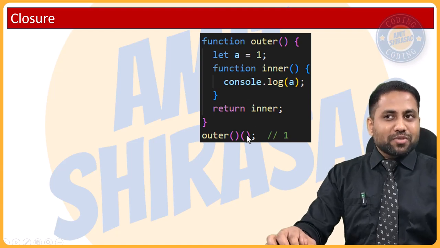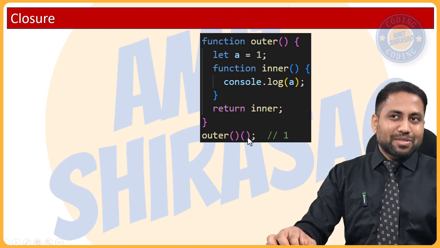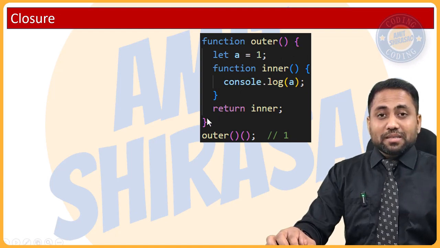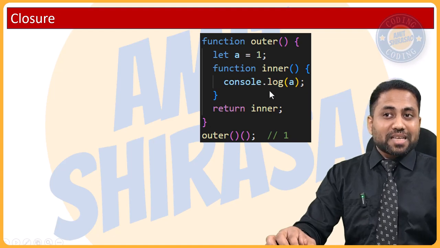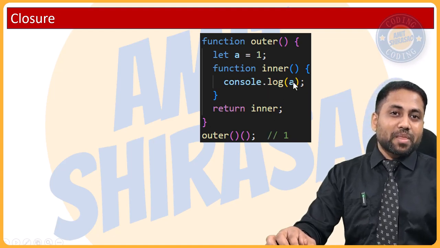Now I'm calling this function from outside, right? So I should not have access to this a variable, because this a variable is not in the global context. It is in this outer context, means this first block scope. Okay, but it is still accessible to me. It still prints a. Why?